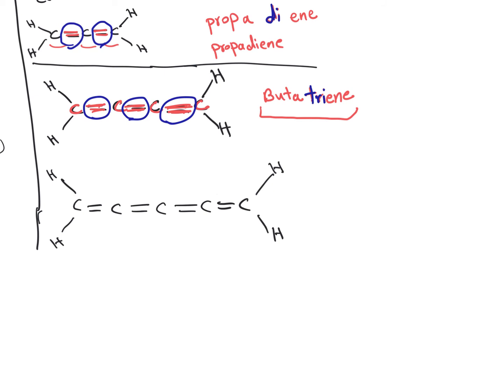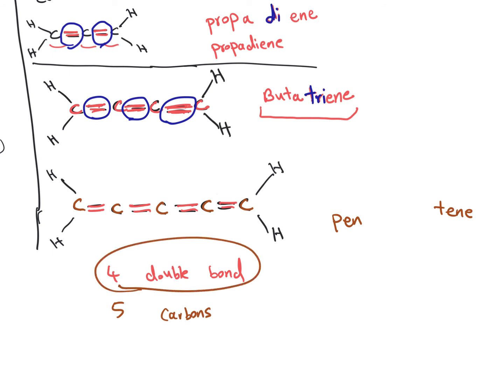So let's work on the last one. We have 1, 2, 3, 4 double bonds, and we have 1, 2, 3, 4, 5 carbons. So if we had only 1 double bond, the name would be pentene. But we have 4 double bonds, so we say tetra.